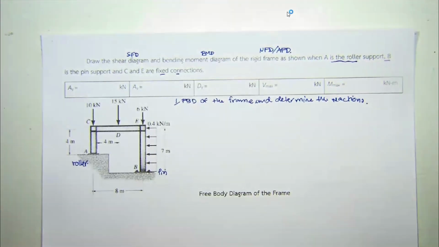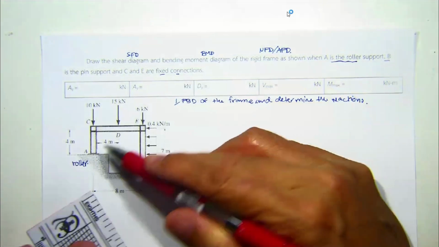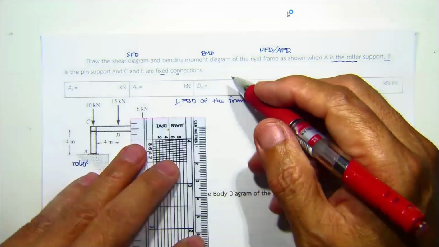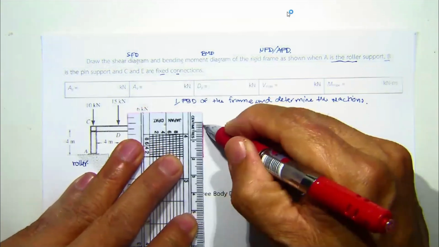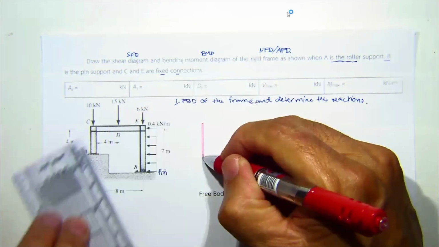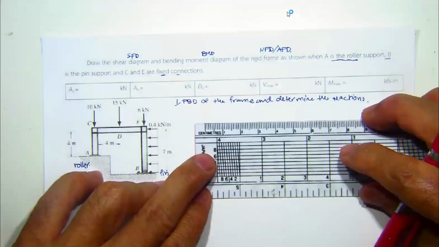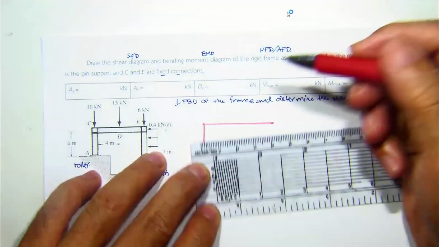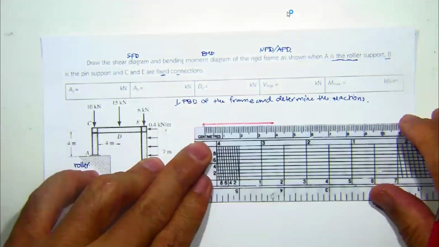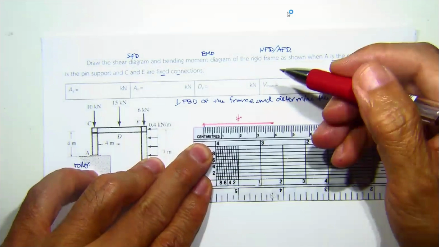Following this, we have column AC as the shorter column, which is 4 meters. Let Ajahn use 2 centimeters for 4 meters. Then 8 meters, we'll take 4 centimeters for the beam, which is separated into 2 portions subjected to the forces over here.